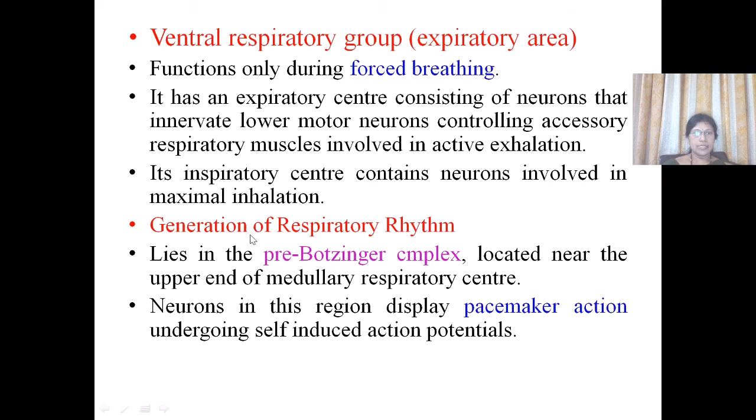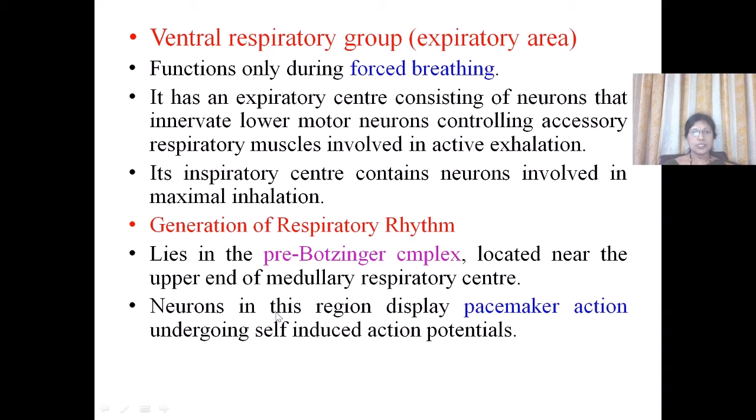Now, let us see about generation of respiratory rhythm. Until recently, it was believed that the basic respiratory rhythm was generated by the DRG. But now it is believed that a region in the pre-Bötzinger complex, which is located near the upper end of the medullary respiratory center, generates the respiratory rhythm.